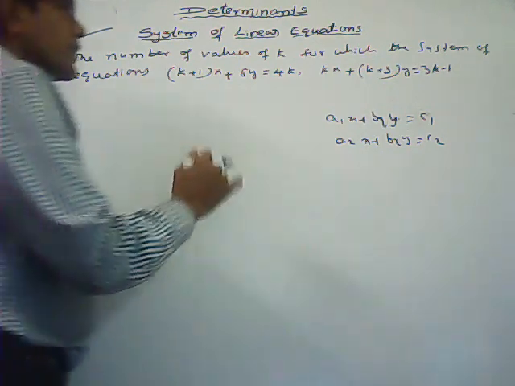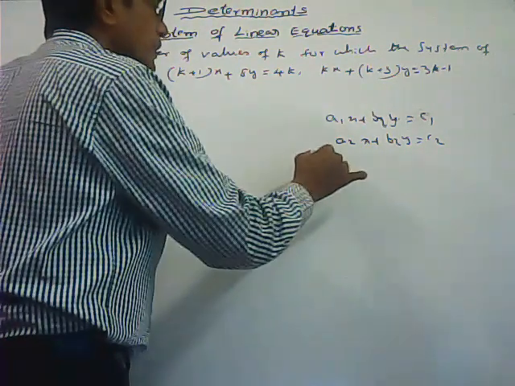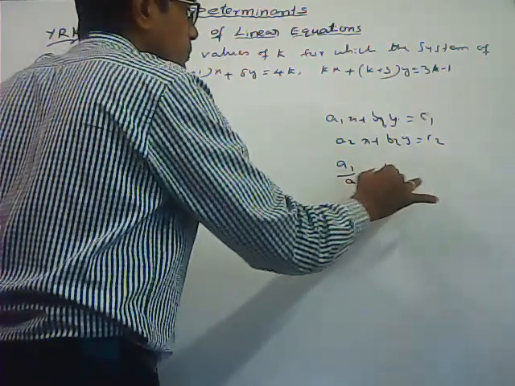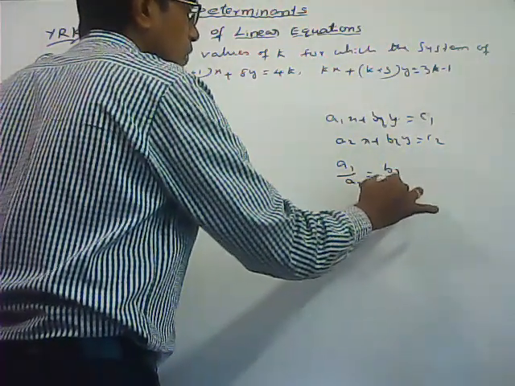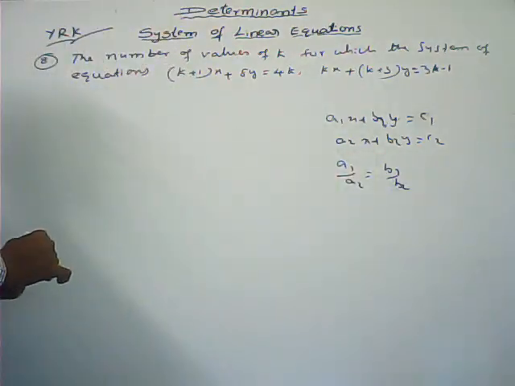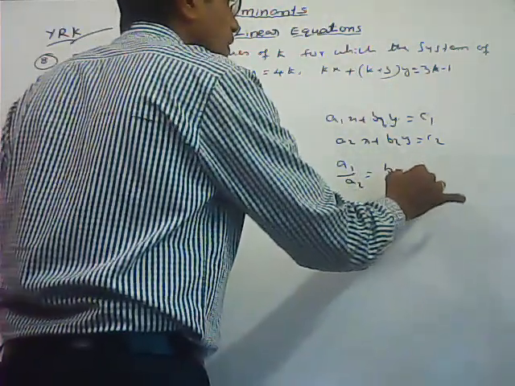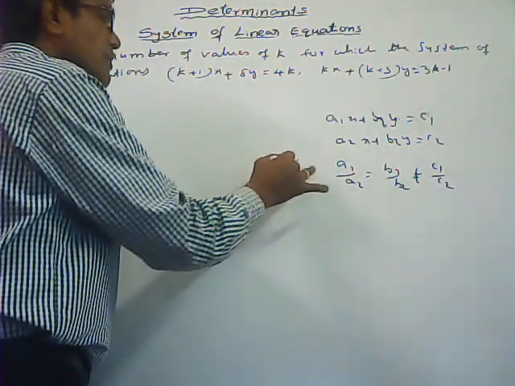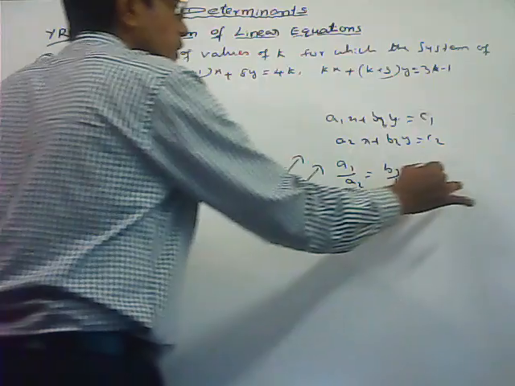How can we say the number of solutions? If a1 by a2 is equal to b1 by b2, which is not equal to c1 by c2, then what about the nature of both lines? Both are parallel. So here there is no solution.